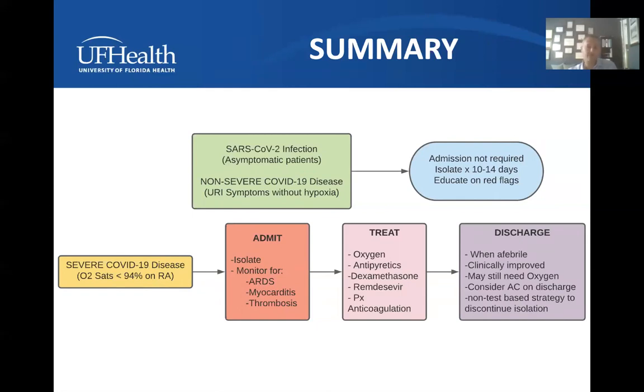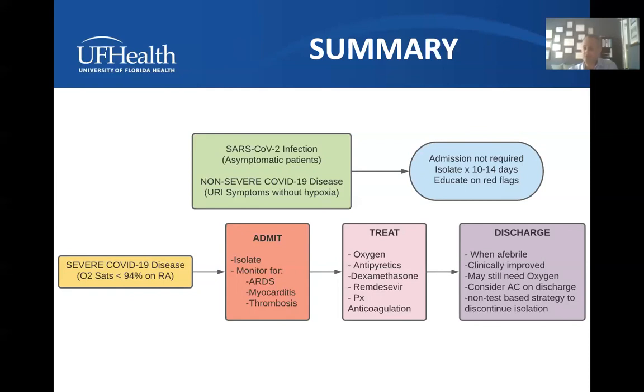isolate them with modified airborne precautions, monitor them closely and clinically for ARDS, myocarditis, and thrombosis, start them on treatment with supplemental oxygen, antipyretics, acetaminophen is preferred over the NSAIDs, dexamethasone at 6 milligrams daily for 10 days or until discharge, and possibly remdesivir, depending on supplies and the 3 categories we described.